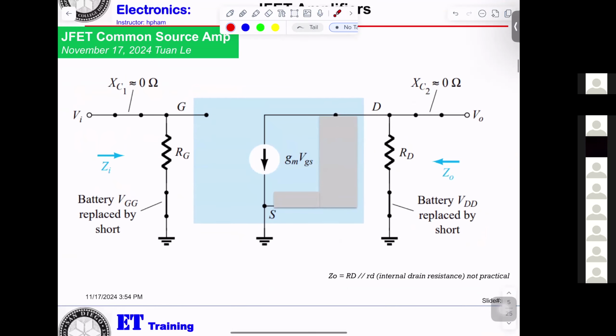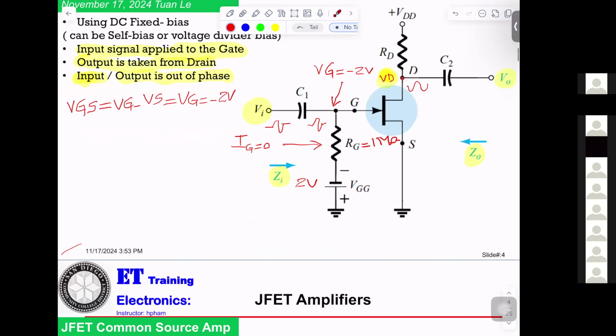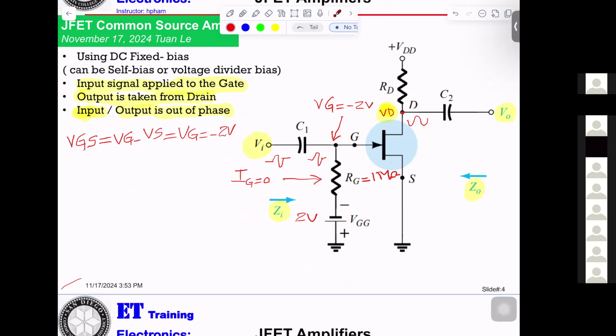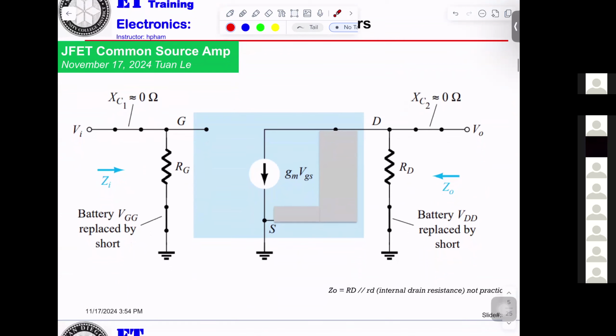Now, this gives you a little more detail here. Where is the battery? See, this is the battery, minus 2 volts, for example. And we already know, they're telling you, the power supply will be shorted. They say battery VGG replaced by a short.